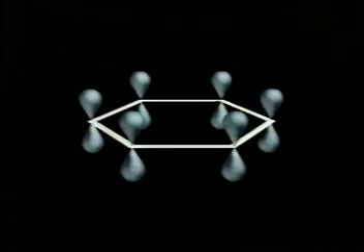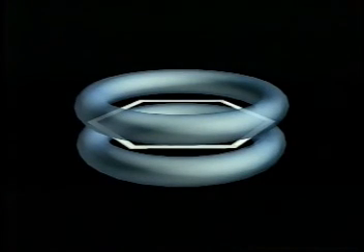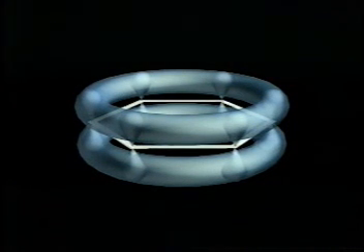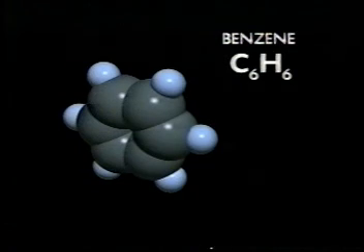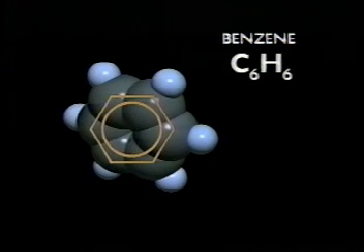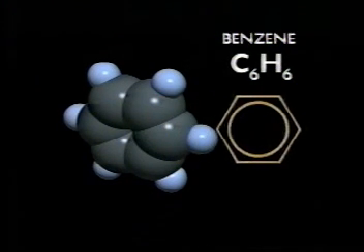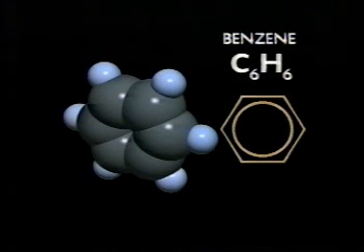The 6 carbon-to-carbon bonds are identical. They are intermediate between single and double bonds. Chemists often represent the benzene ring like this, where the circle inside the hexagon indicates the special type of bond.